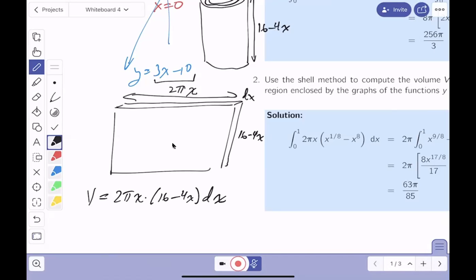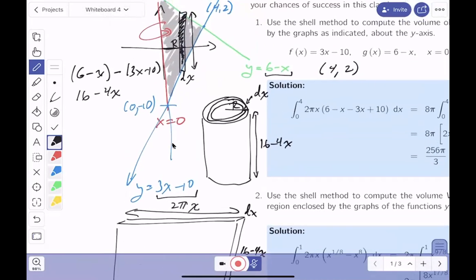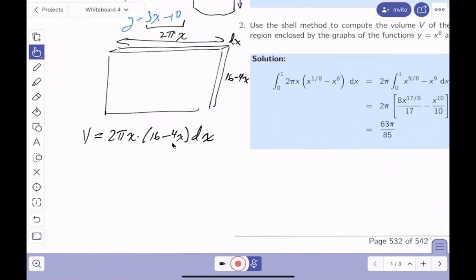What am I going to do now? Well, I've got to integrate it over the x's. And someone says, well, what are the x's in the problem? Look at it. What are the x's going from? 0 over to this thing over here. And what's its position? It's the number 4. So I'm going to write that down.